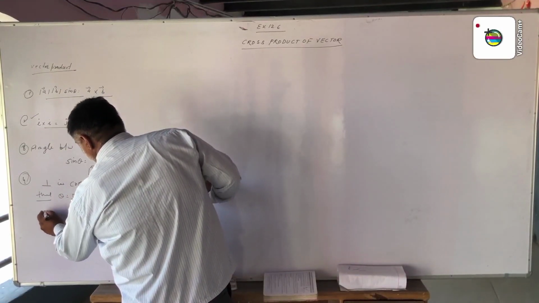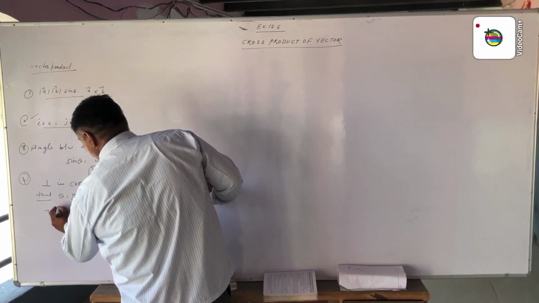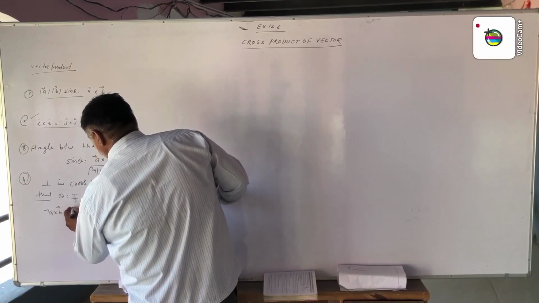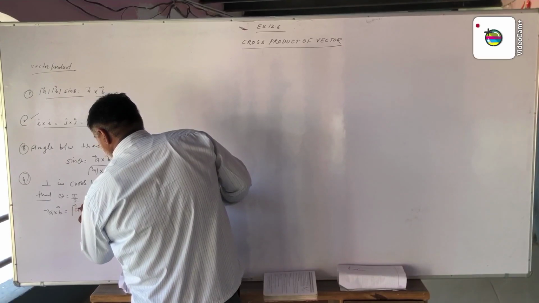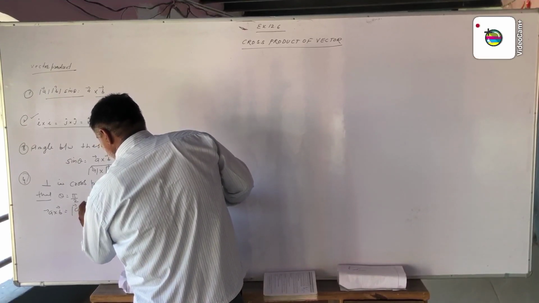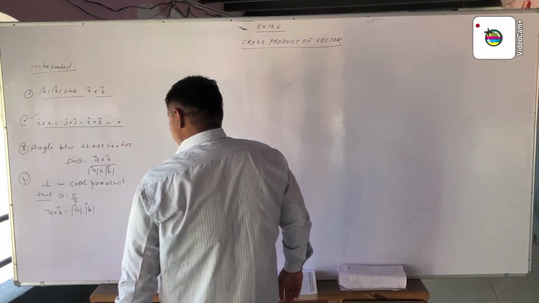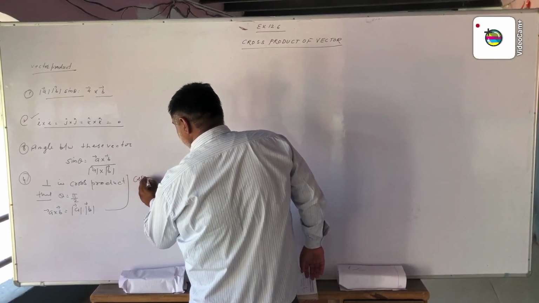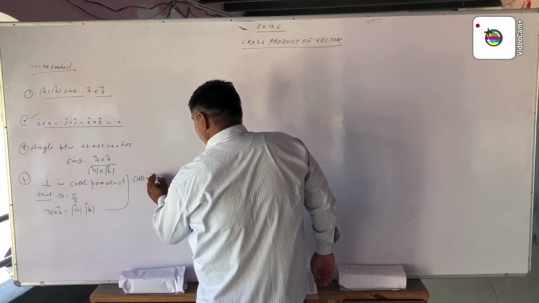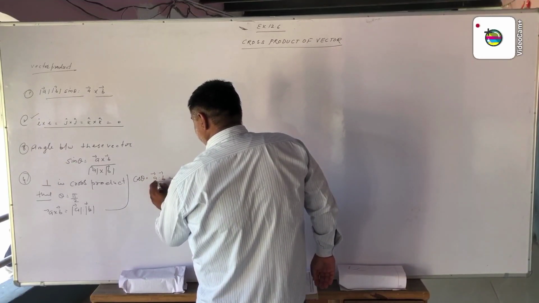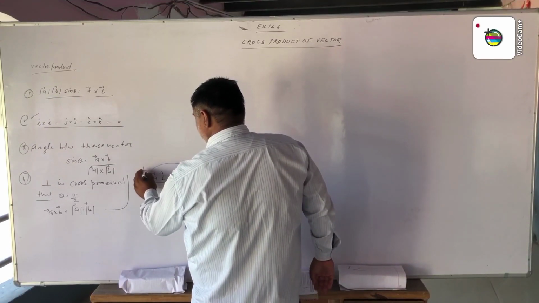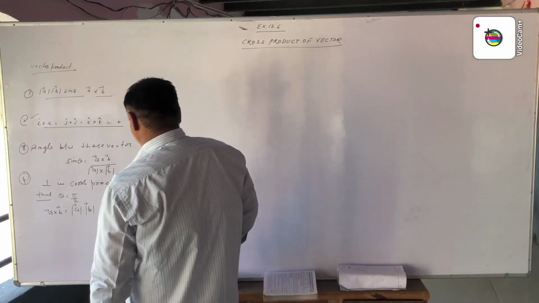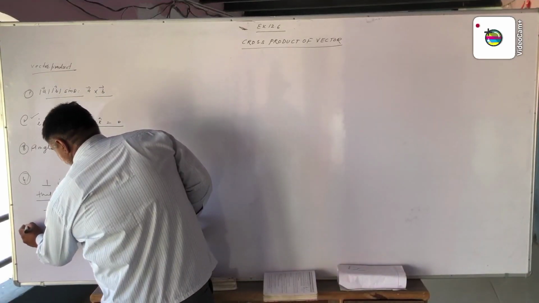Then vector A cross vector B is equal to the magnitude of A times the magnitude of B. But we mostly use perpendicular for cos theta, which means vector A dot B equal to 0 in perpendicular form.